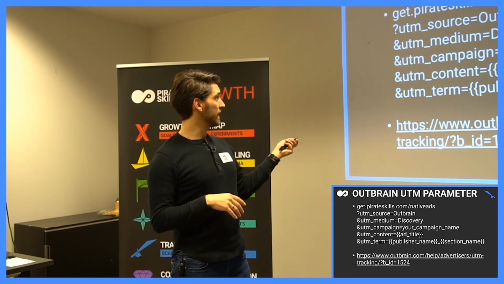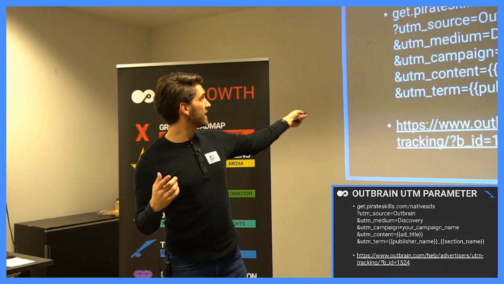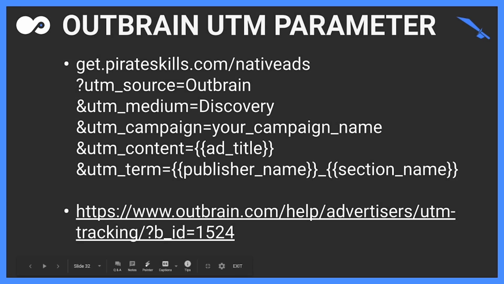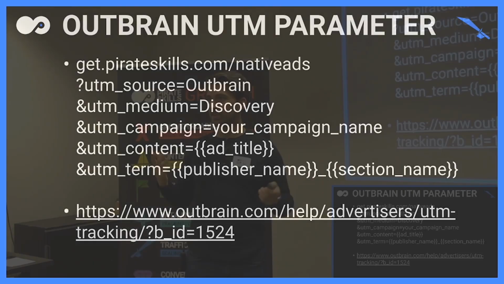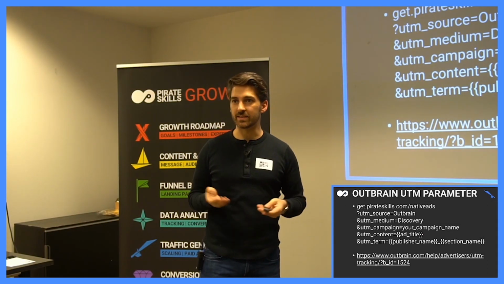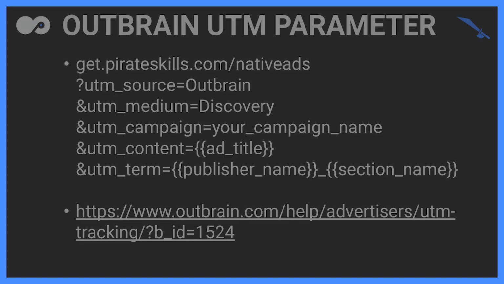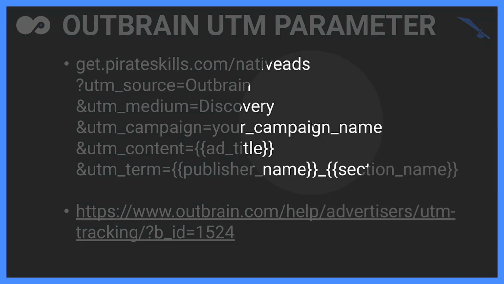I would really recommend just copy pasting this question mark thing to the end in the suffix section in the campaign settings, and change the campaign name to whatever you like. That's my magic thing.